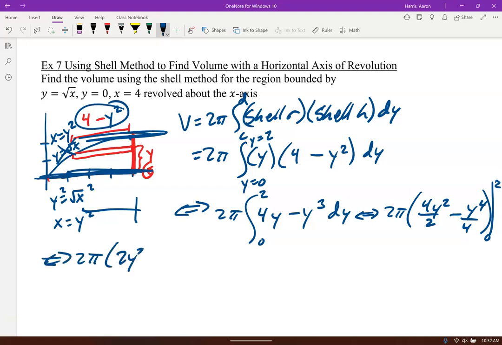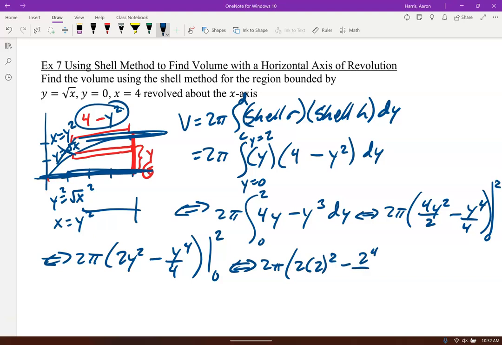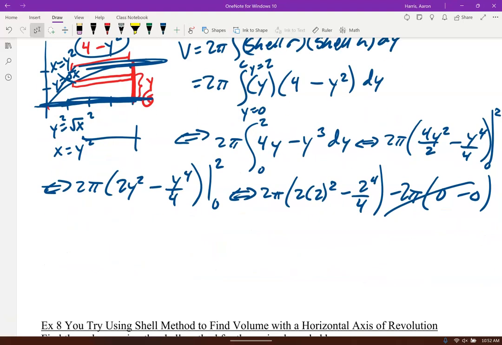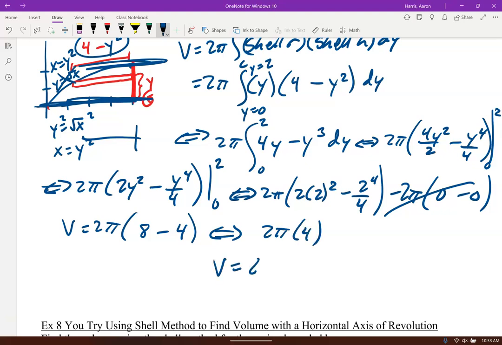So we got 2y squared minus y to the 4th over 4, from 0 to 2. So that's all gone. So the volume is 2 pi, 2 times 4, we got 8 minus 16 over 4. So I got 2 pi times 4, so volume 8 pi.